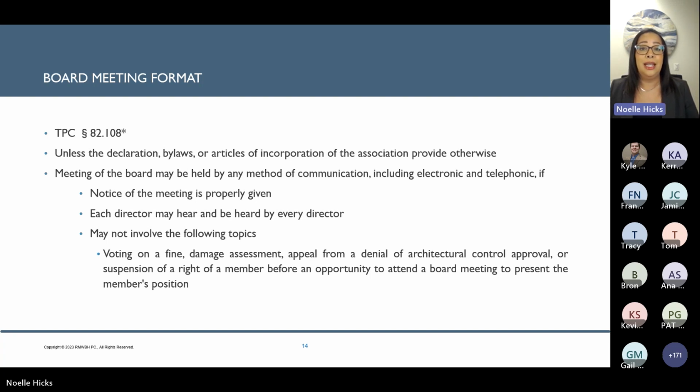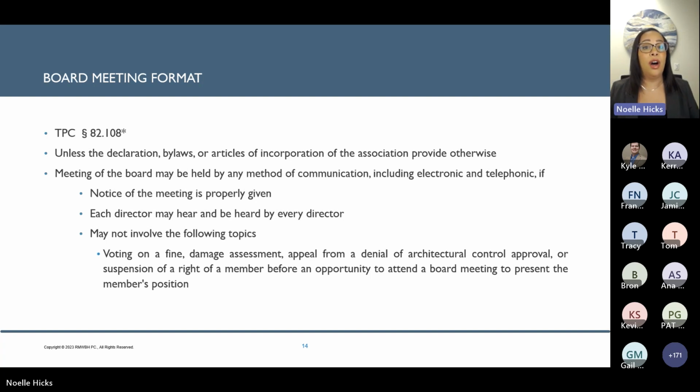Unless the declaration, bylaws, or articles of incorporation provide otherwise, which we can refer to collectively as the governing documents, a meeting of a board can be held by any method of communication, including electronic or telephonic, again, if proper meeting notice has been given and every director can hear and be heard by every other director.